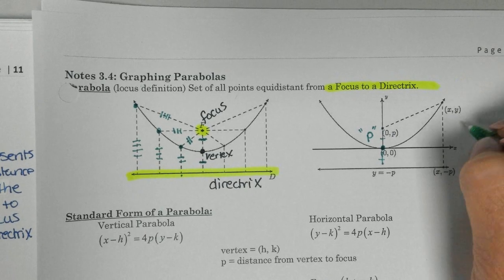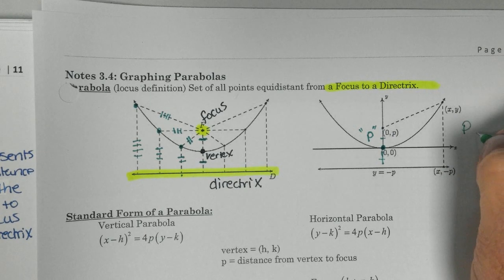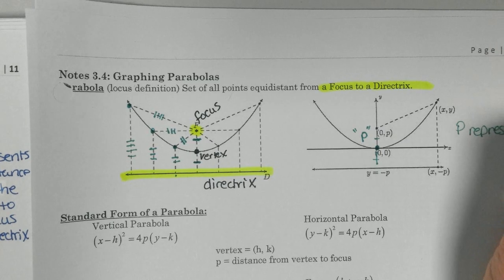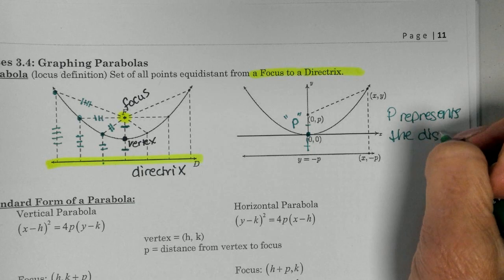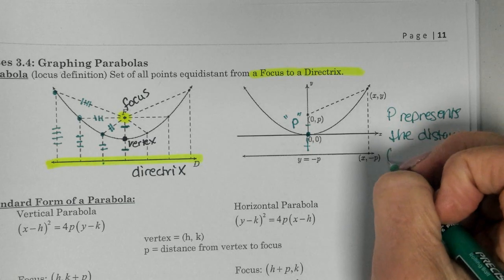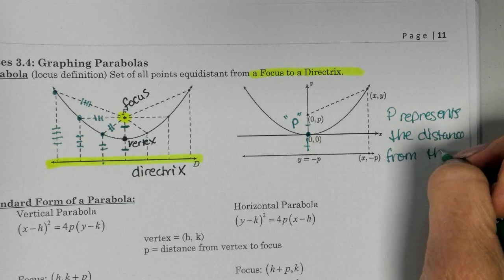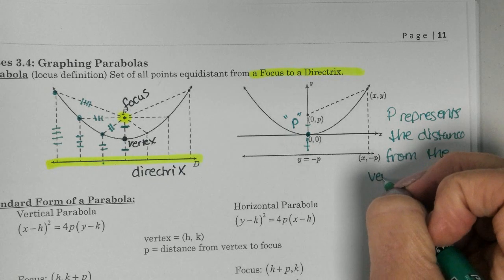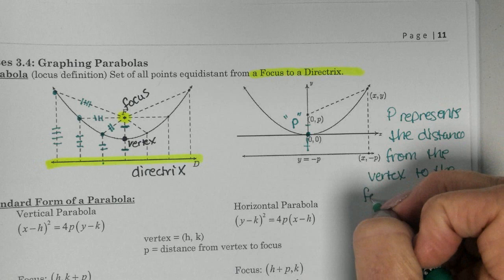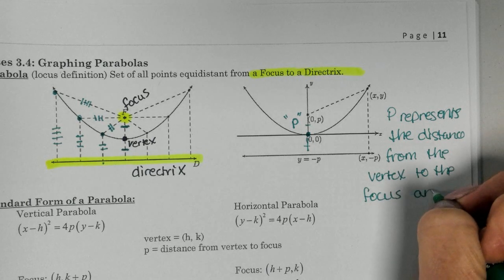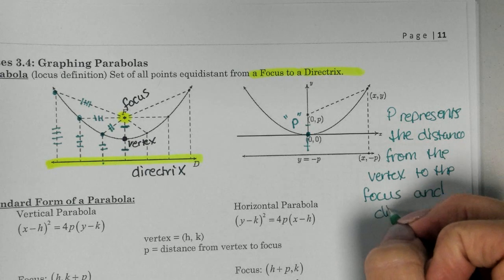And P represents the distance from the vertex to the focus and directrix.